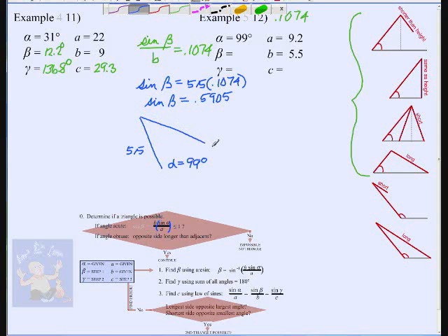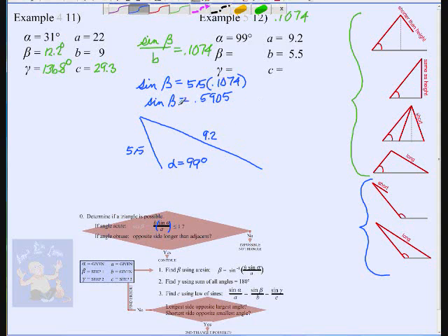And our opposite side is 9.2. So here we have this situation, looking at an alpha which is obtuse. We don't have A shorter than B, in fact just the opposite, which is good. We're going to be able to do this triangle.